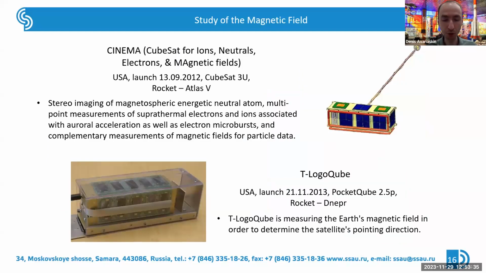That's why we should be protected from them. And here are also two examples of satellites that measure the magnetic field of our Earth.